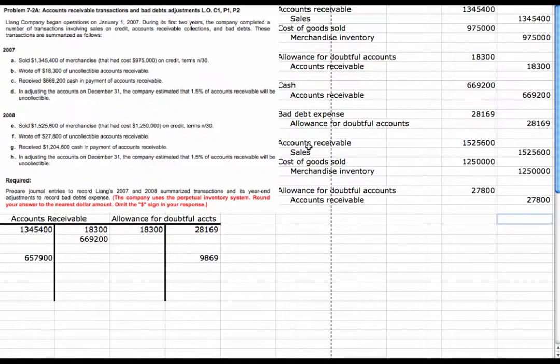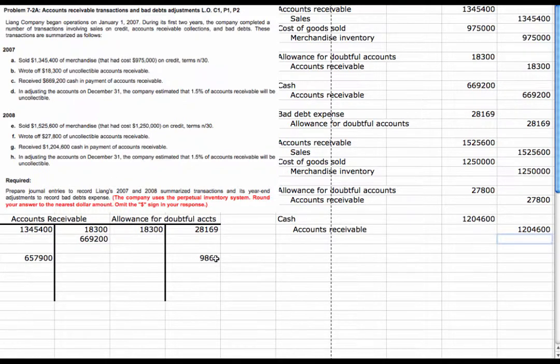Now then, entry G, we're going to recognize the cash we received. We debit cash because cash is going to go up because we received 1,204,600, and that's going to reduce accounts receivable for 1,204,600. And then finally, the last thing again is just to do the journal entry.